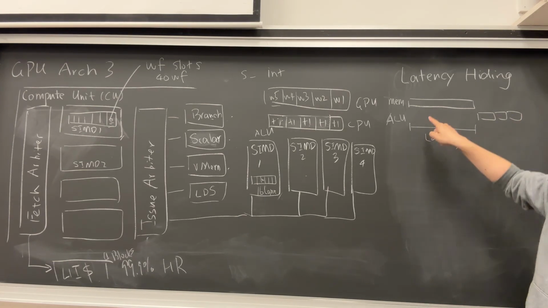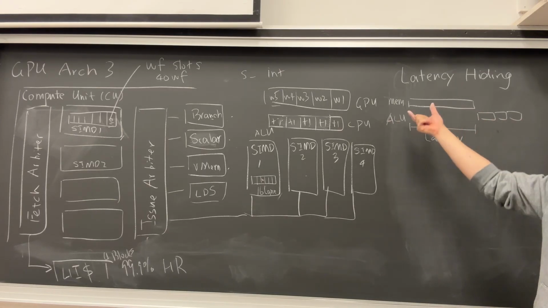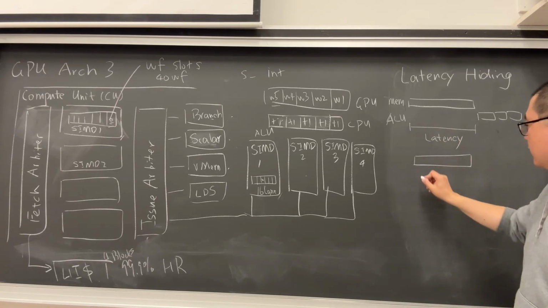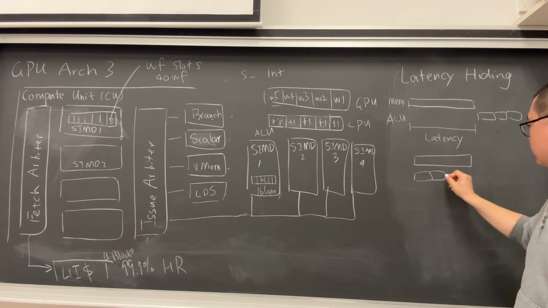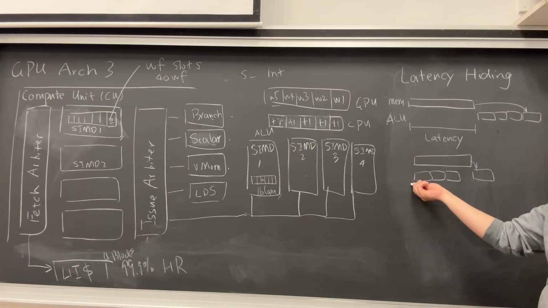We don't want this latency to dominate the execution time. So the quick understanding is to move some part of the ALU work to the front so that we can execute in this way. Now the dependent instruction can immediately execute after this memory returns. Okay, this is called latency hiding.